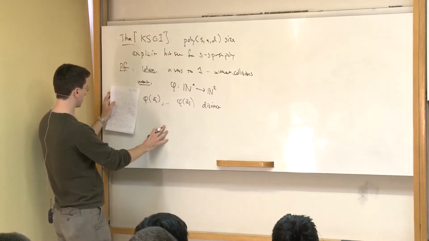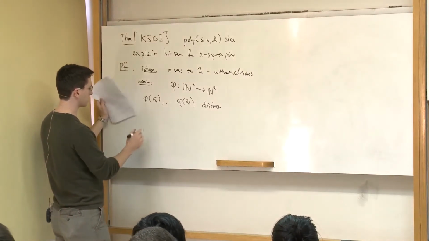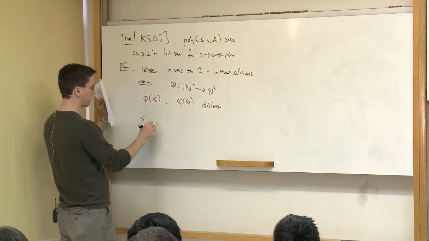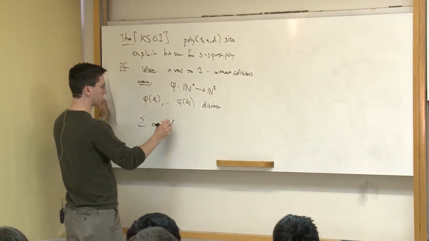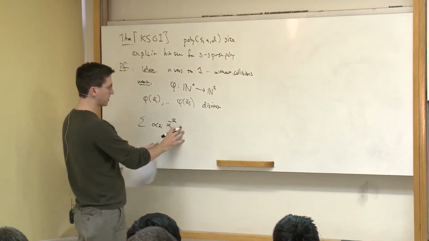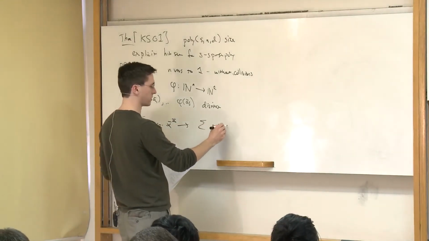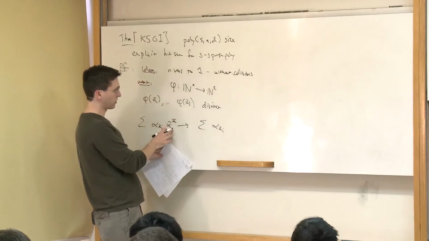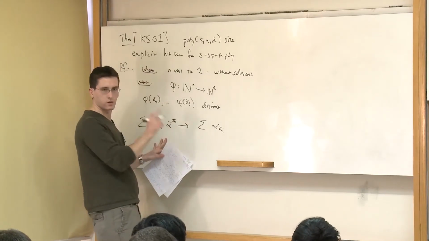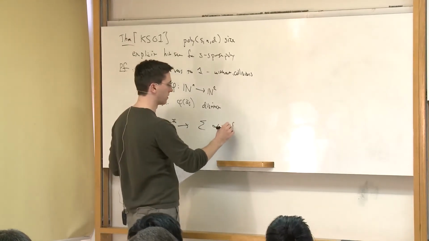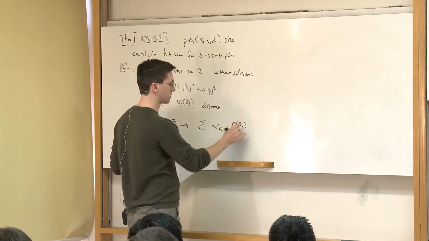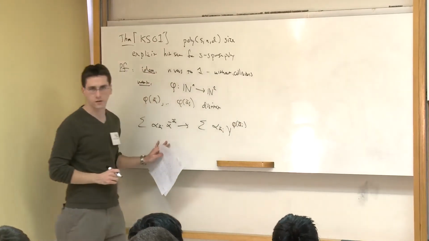And my notes will tell me why. Okay, right, so you have f, which is the sum of alpha_i x to the a_i. And what is this going to get mapped to? It's going to get mapped to what you would expect. Now what I'm going to do is replace these n variables with a single variable. I'm going to call it y. And the exponent is phi of the appropriate exponent vector.